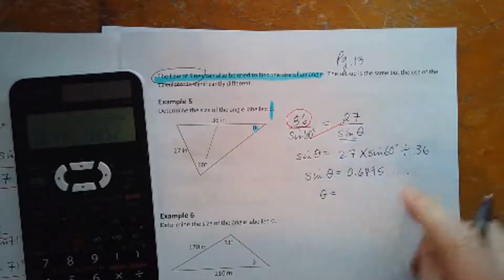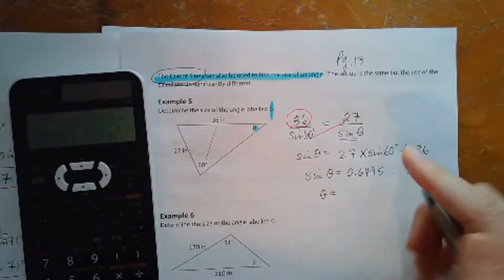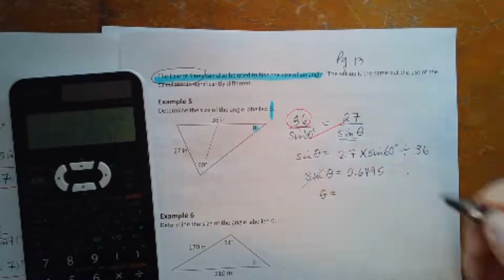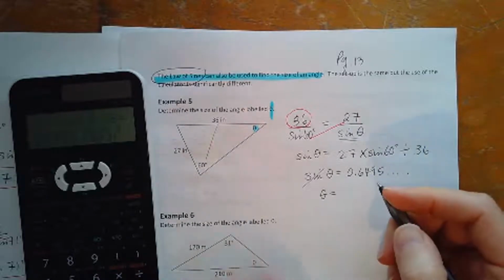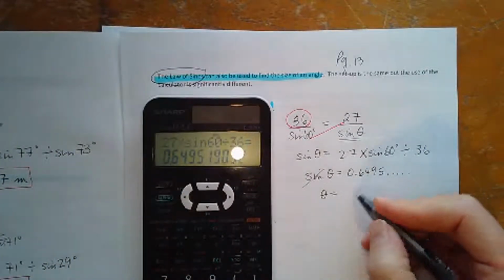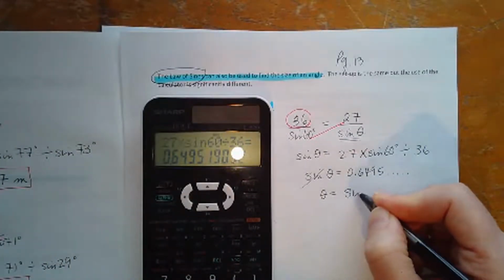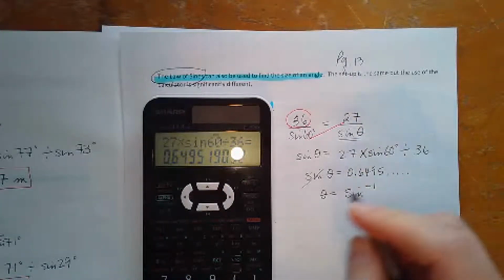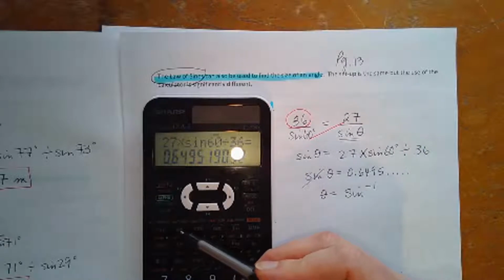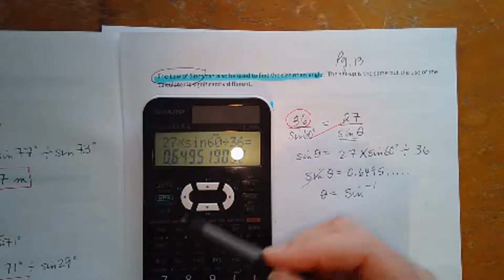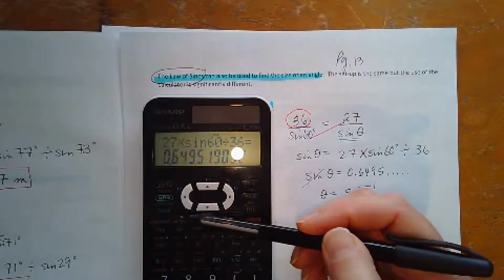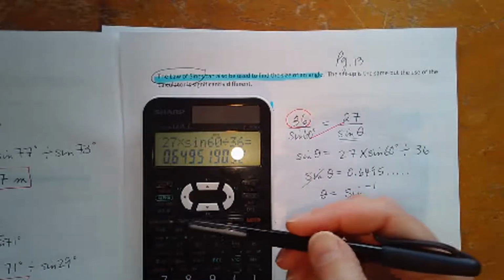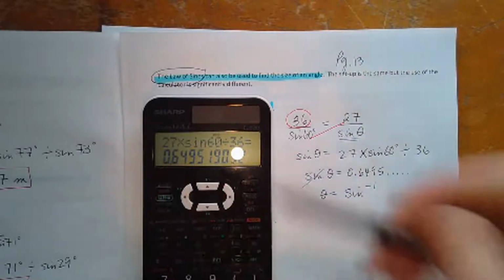So if sine theta equals this decimal number, theta is going to equal, I have to cancel the sine out, and we have a button for that. So all I'm going to do is hit my sine theta. Right above the word sine, you can see the shift sign. Mine's in orange, can't really see it, but because it's in the second row, I have to hit my second function key at the top.